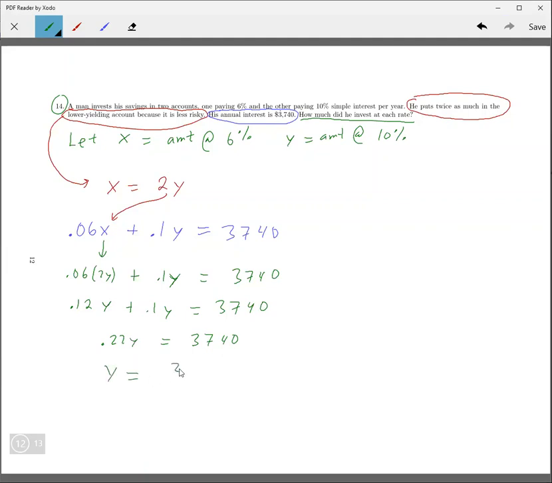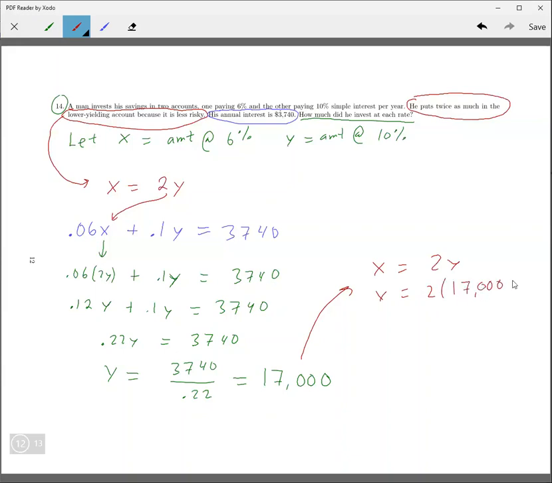So y will be 3,740 divided by 0.22, which is 17,000. Okay, and then we know that X is going to be 2y, so X will be twice that. Okay, so those are our two answers.